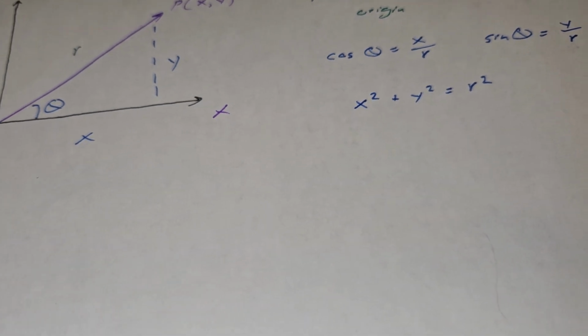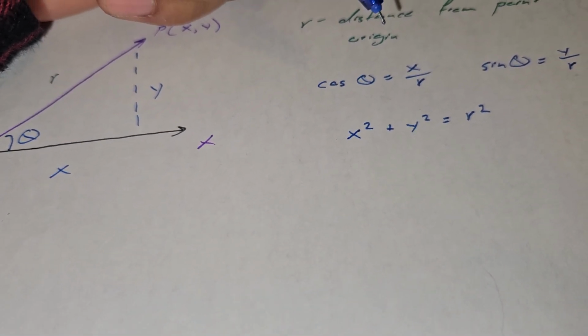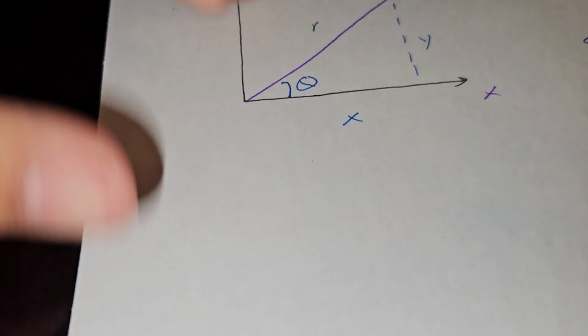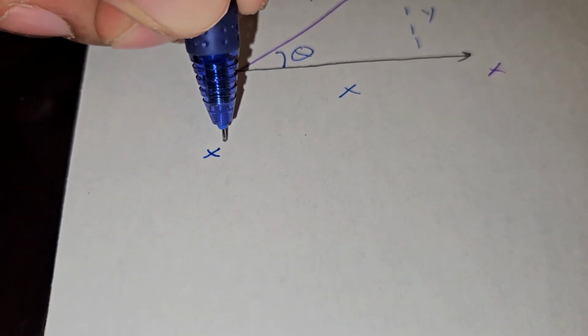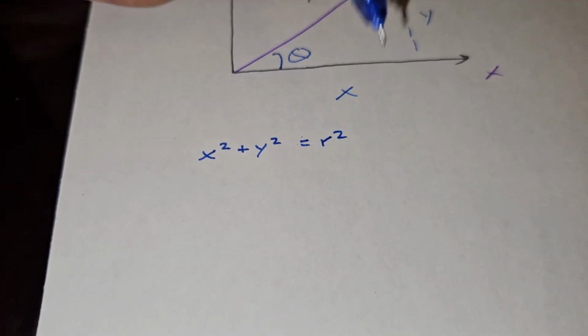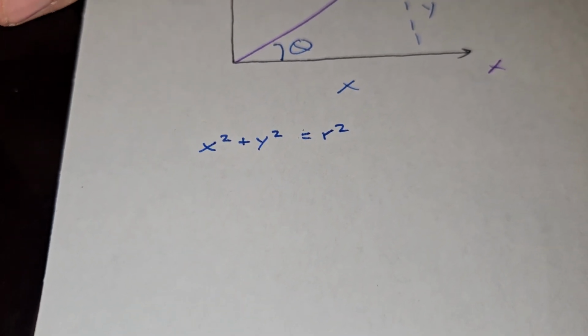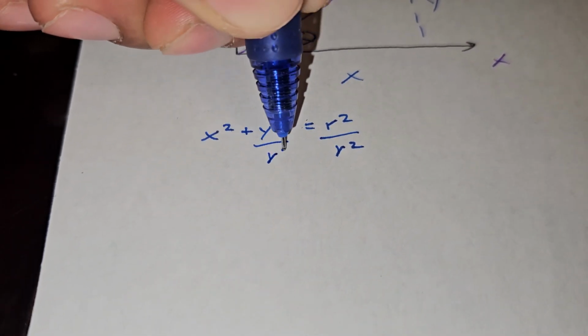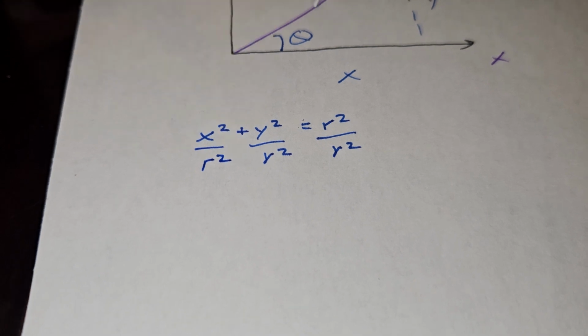So we have x squared plus y squared equals r squared. Let's divide all of this by r squared.